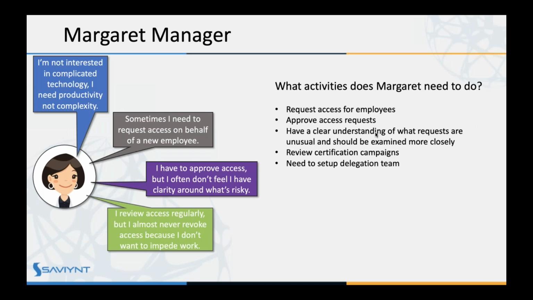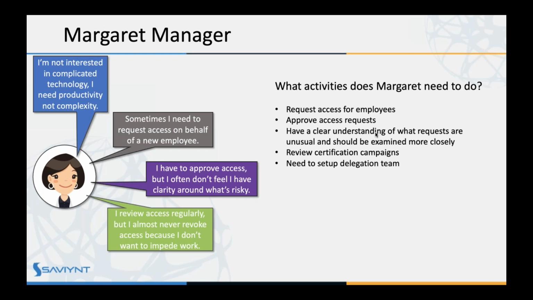Margaret's, like many business managers, not really interested in what technology is being used. Margaret just wants to be able to be productive and to be able to not be a barrier to her employees having what they need. Now, there's some challenges with this as we start talking about identity governance.